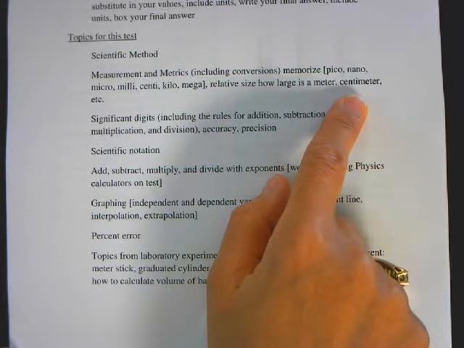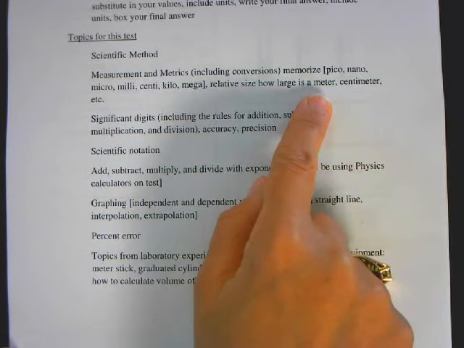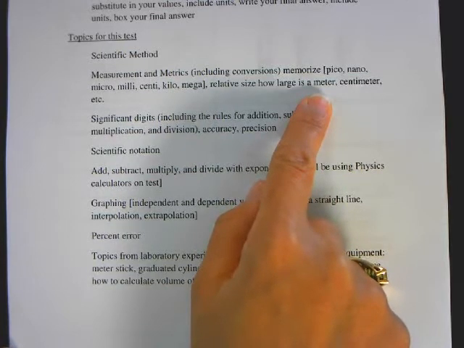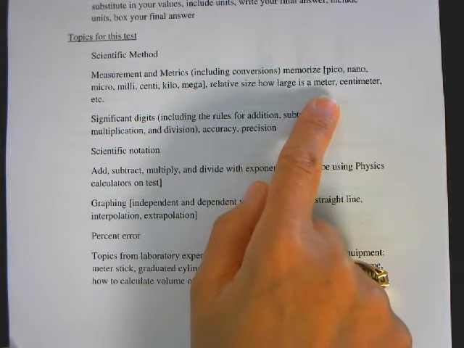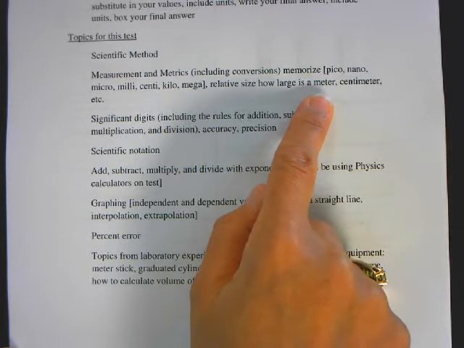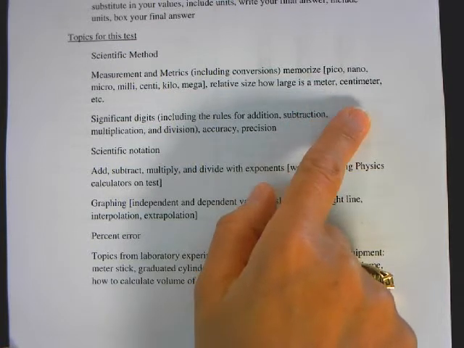We used a meter stick for the blood lab, so we should know about how big a meter stick is because we held one in our hand, didn't we? So if I ask you how large something is, and I'll say, well, this is the measurement closest to a meter, a centimeter, a millimeter, you should know relative size, how large something is.